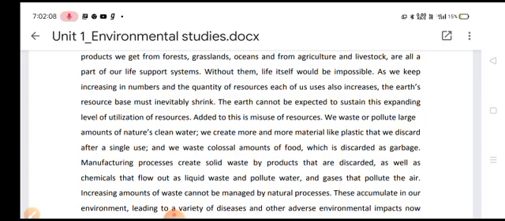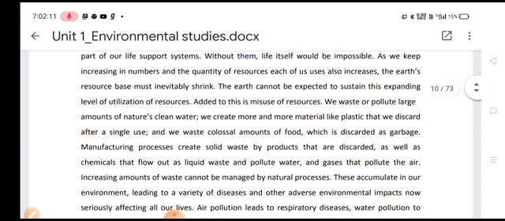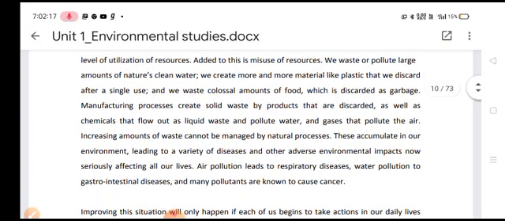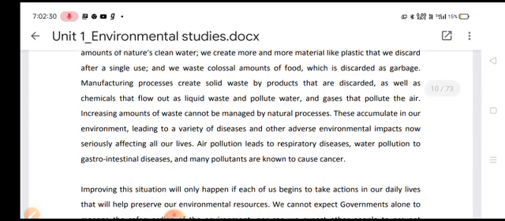Added to this is misuse of resources. We waste or pollute large amounts of nature's clean water. We create more and more material like plastic that we discard after a single use, and we waste colossal amounts of food which is discarded as garbage. Manufacturing processes create solid waste byproducts that are discarded, as well as chemicals that flow out as liquid waste and pollute water, and gases that pollute the air.